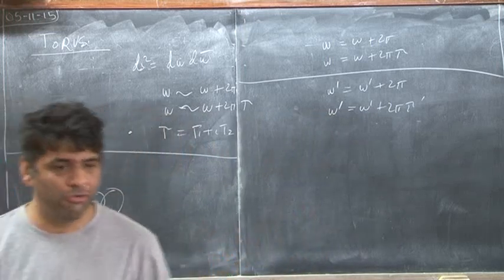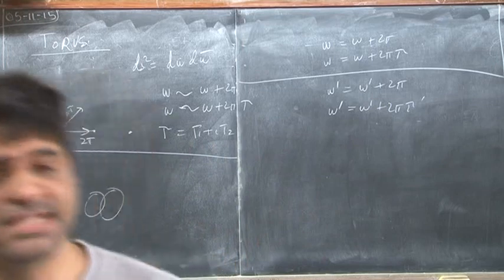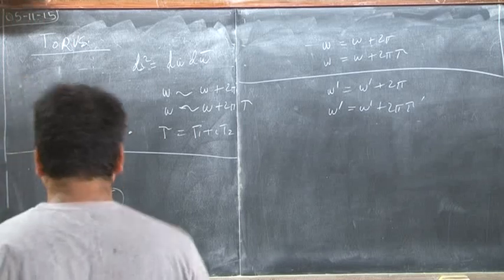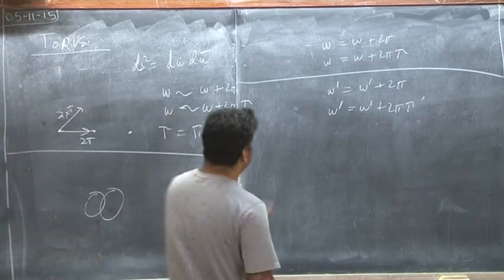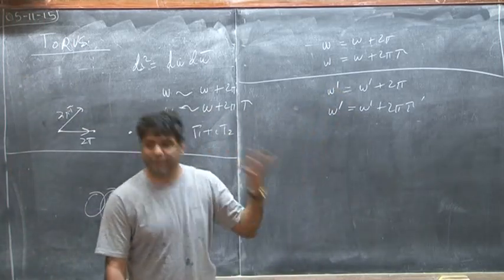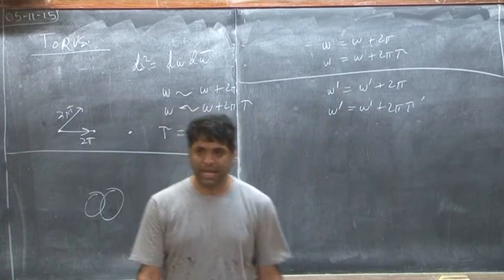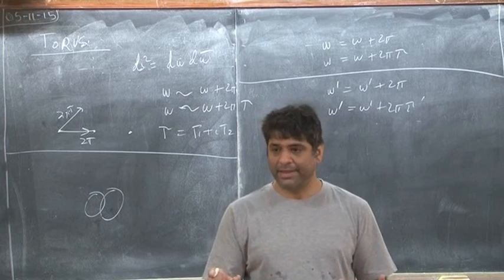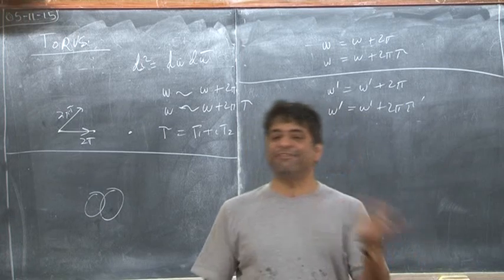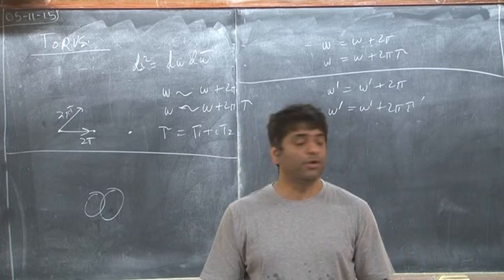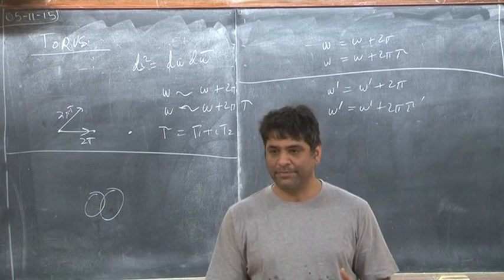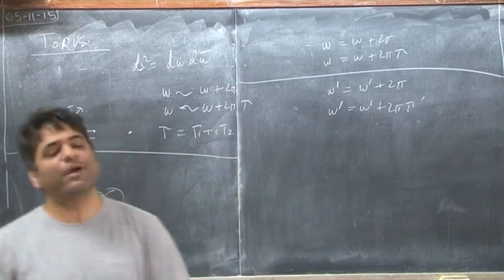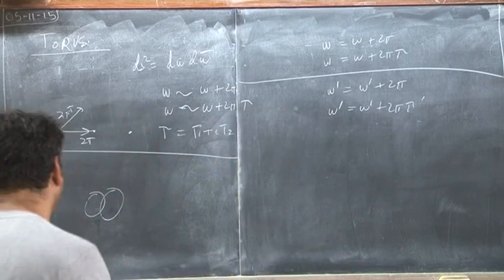I want to find at least one coordinate change between w and w prime. I want to write w in terms of w prime so that the identifications map to each other. Let us.